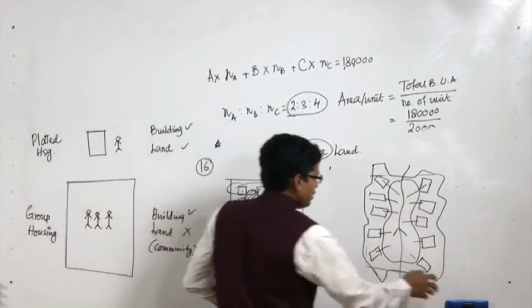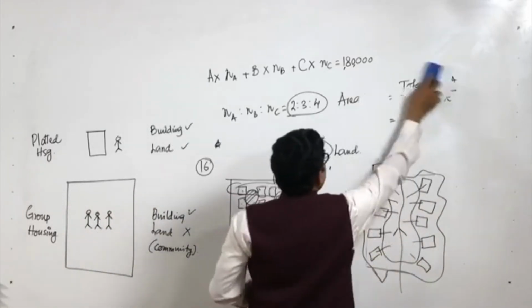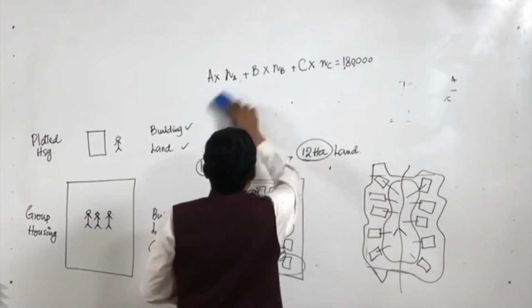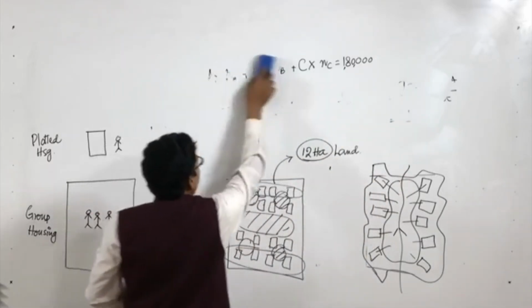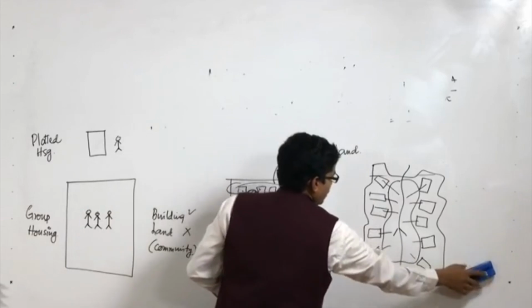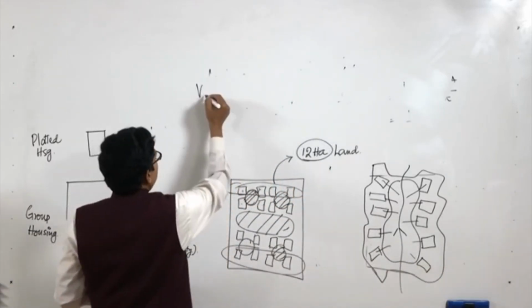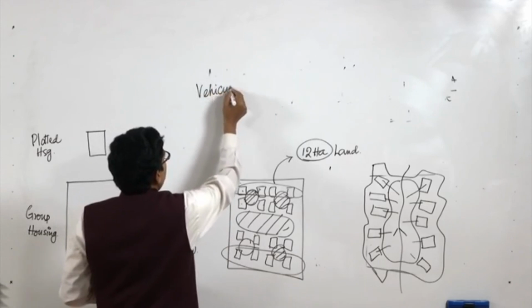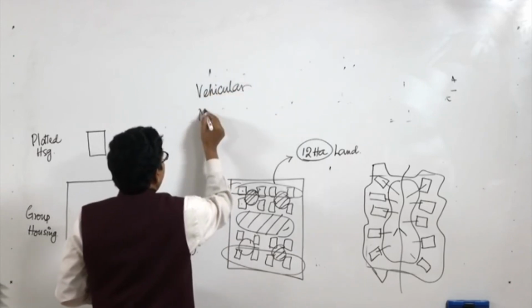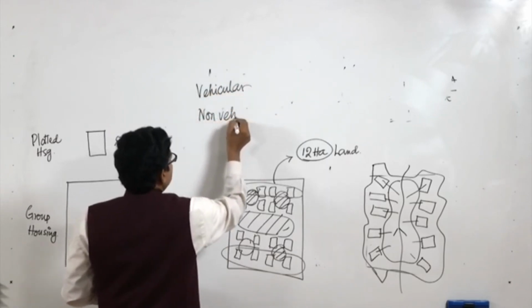The second principle which can be discussed is how in a group housing project you are integrating the vehicular and non-vehicular movement.